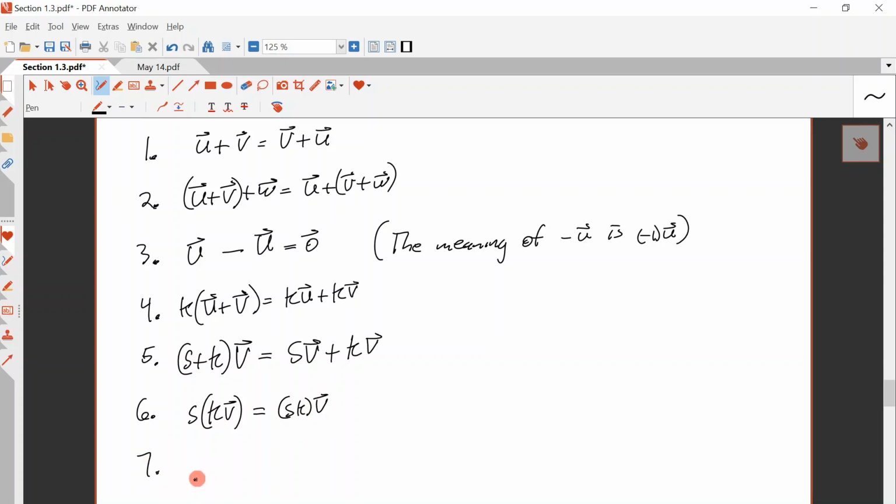And the number 1 times vector v is just equal to vector v, of course. All right, so just some algebraic properties. They're all expected properties, but there they are. We spelled them out specifically.